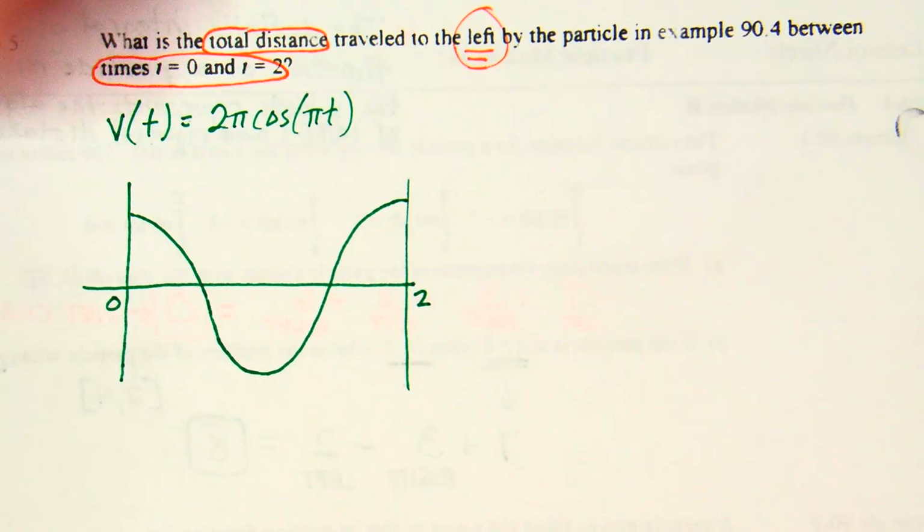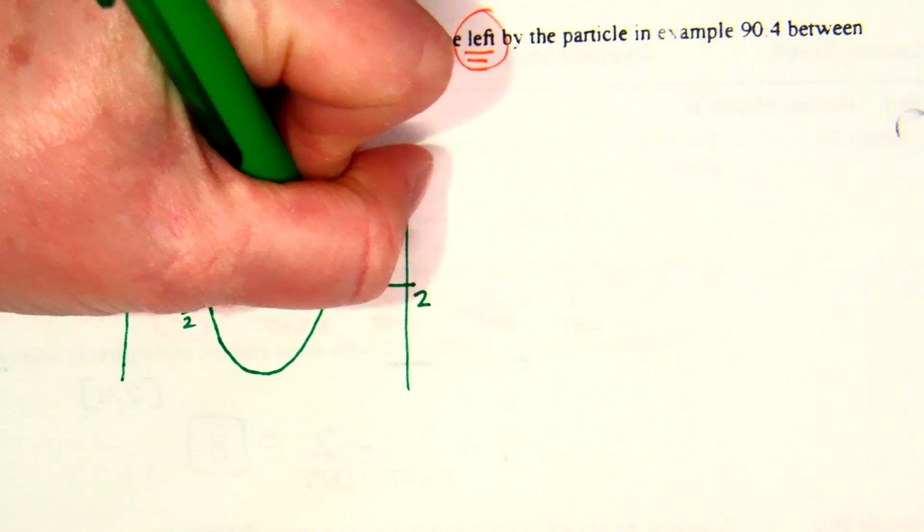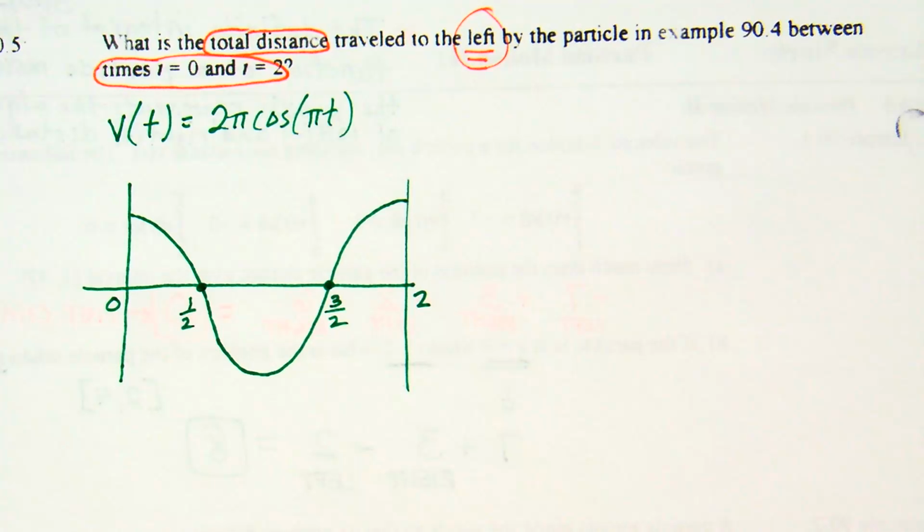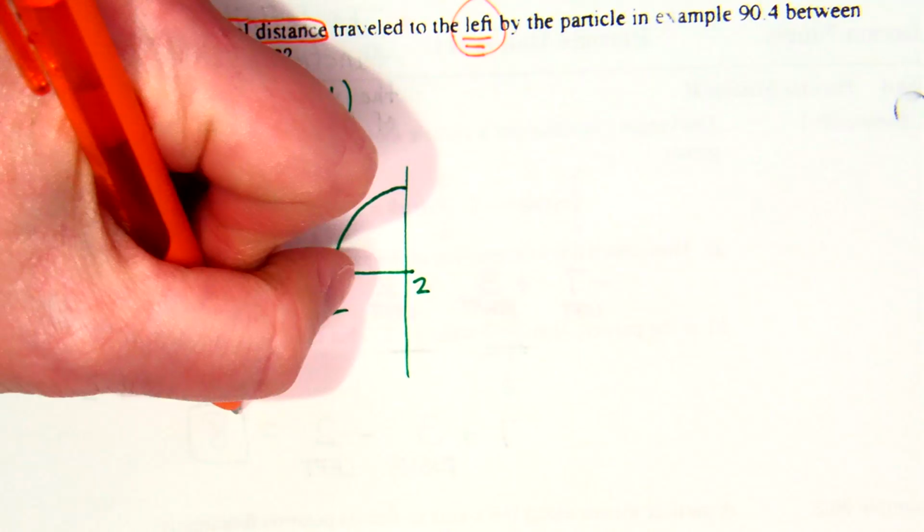And if that's from 0 to 2, and this is just a regular curve, then we already know these intersection points here are at 1/2 and 3/2, because that on the previous page was where our velocity equaled 0. So those are our zeros. When I just asked a moment ago, when is the velocity traveling left?